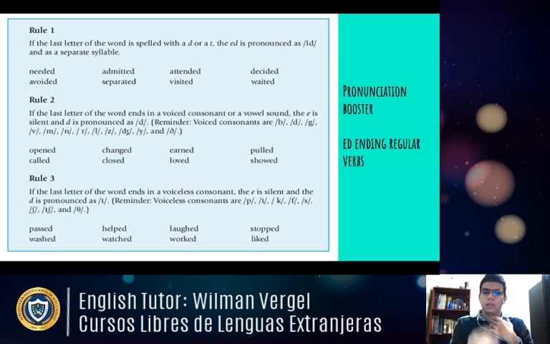So for example, this first verb is open. The last consonant, which is an end sound, vibrates, which means that it's a voiced consonant. So we don't pronounce it opent. We say opened with the d sound.